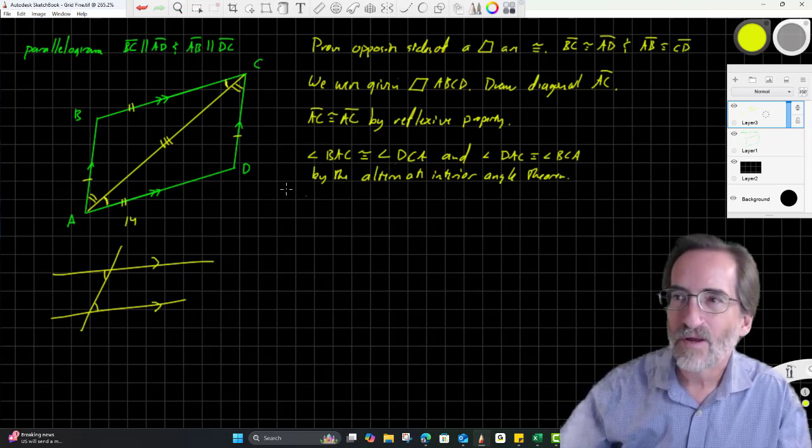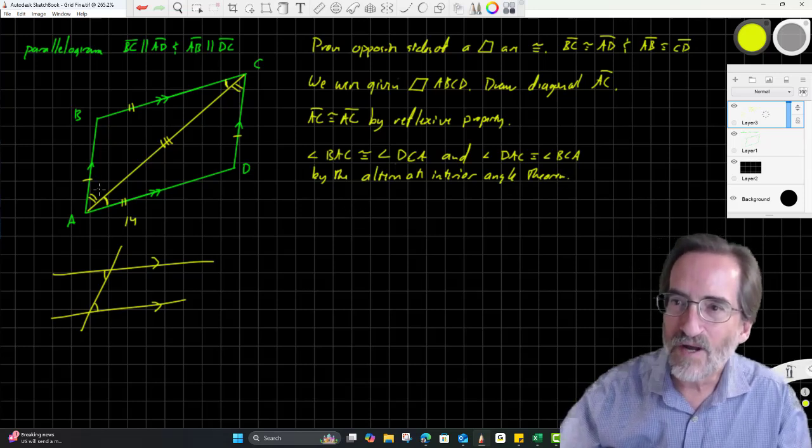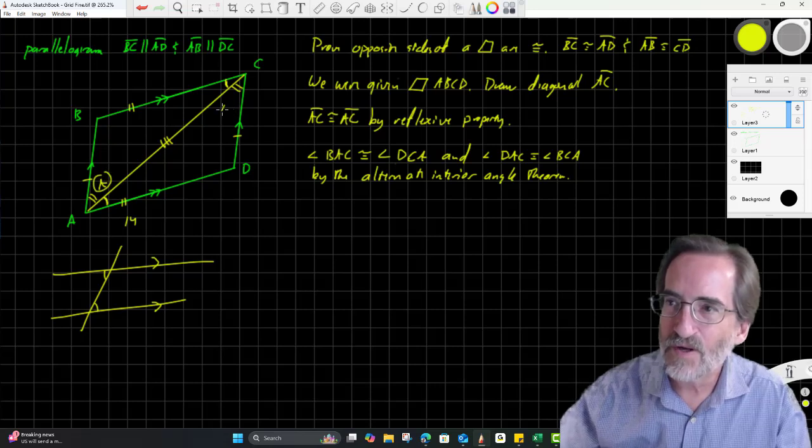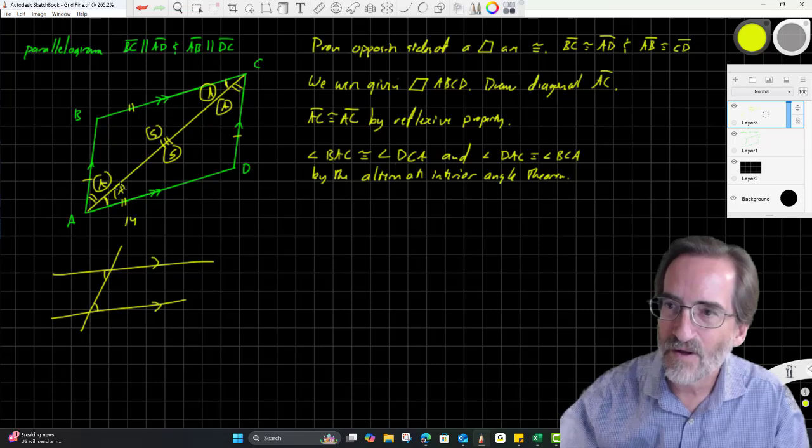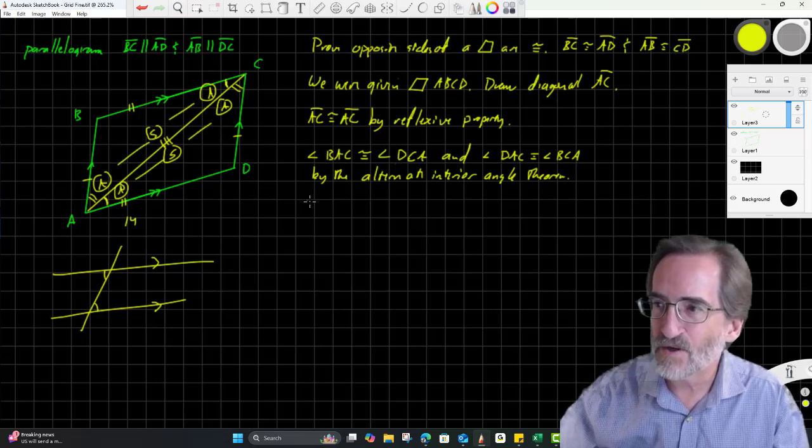Okay? And so look at what I've got. I've got an angle congruent to an angle, a side congruent to a side, an angle congruent to an angle. So by angle, side, angle, these two triangles are congruent.